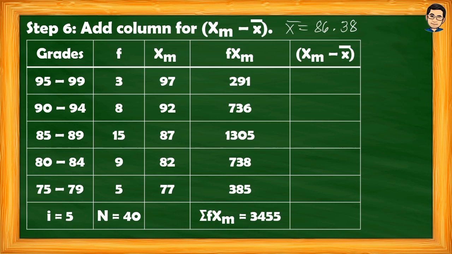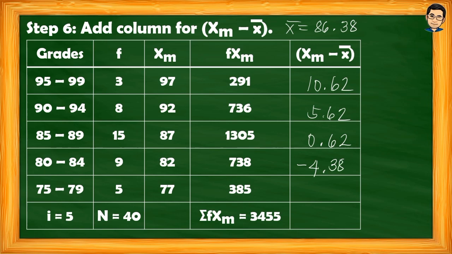So we will get 10.62. Next, 92 minus 86.38 will have 5.62. 87 minus 86.38 will have 0.62.